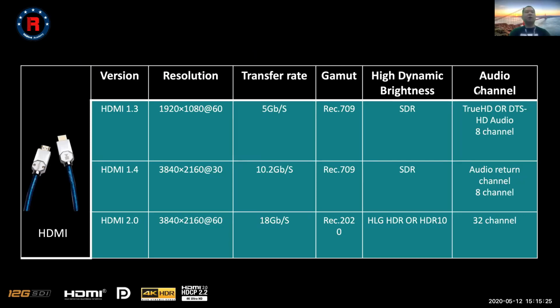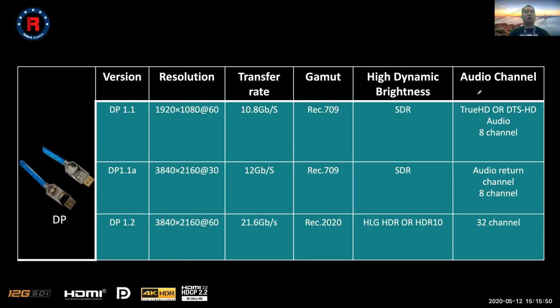This is an example for HDMI. With HDMI, we started from Full HD to 4K 30, and now we go to 4K 60. And some TV sets are already coming with HDMI 2.1 8K.